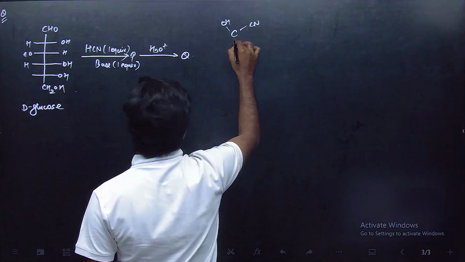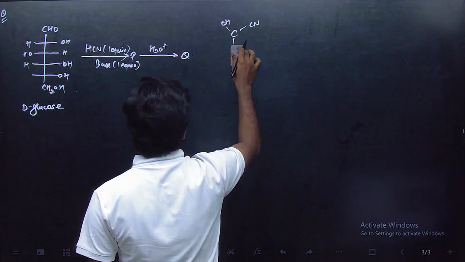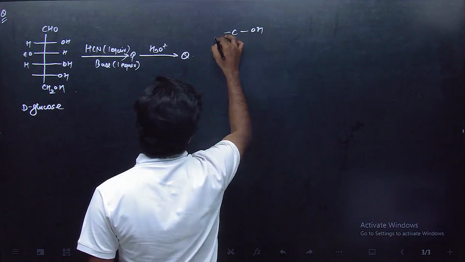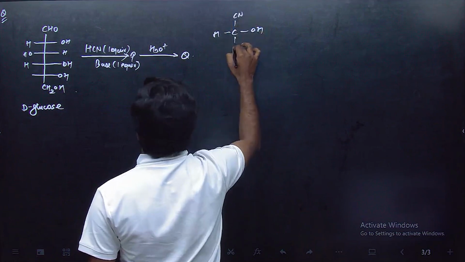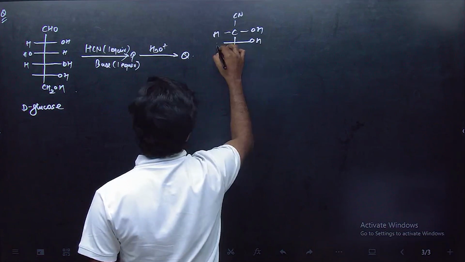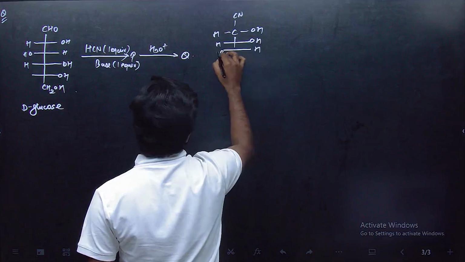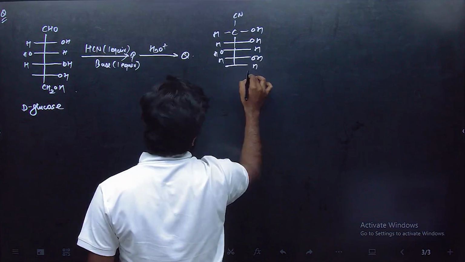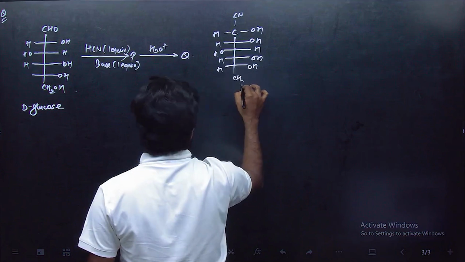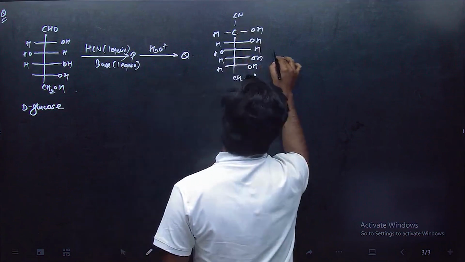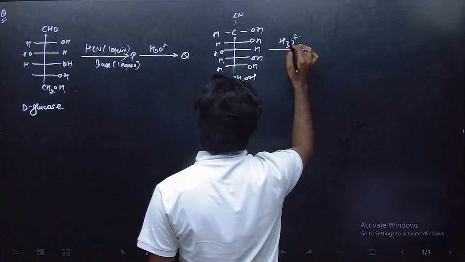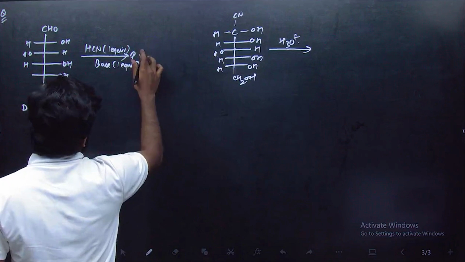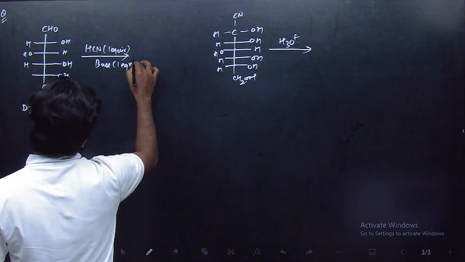And obviously on this carbon you have an H, right? So you can write it like this: HCN, and you have the rest of the part as it is, OH, H, HO, H, OH, H and CH2OH. Cool. And now tell me, if you hydrolyze this, what will you get? Suppose here you have not hydrolyzed it. In fact, this will give you this directly, right?